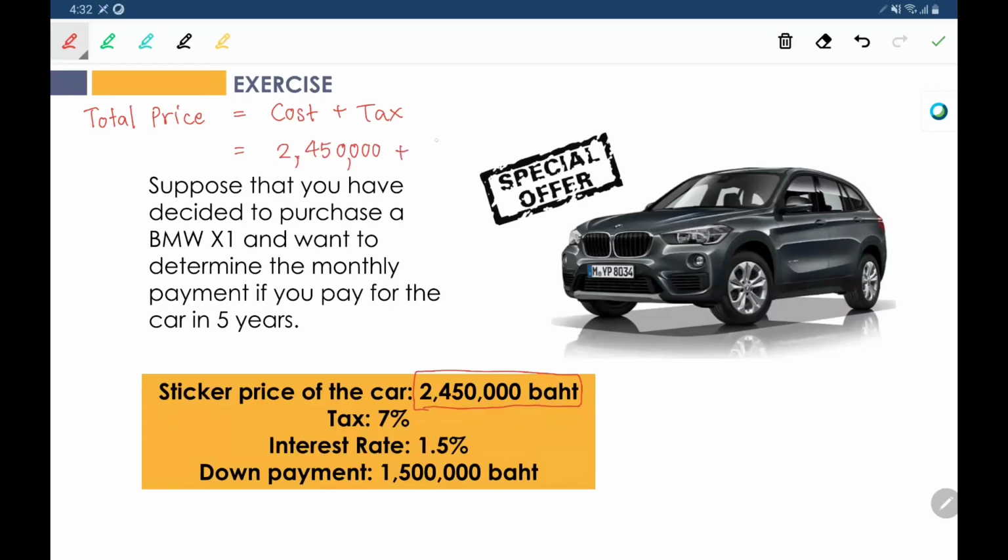The tax is 7%, which means 7 over 100 times the amount of cost, 245. Then the total price, or the net price, of this car is 2,621,500 baht.